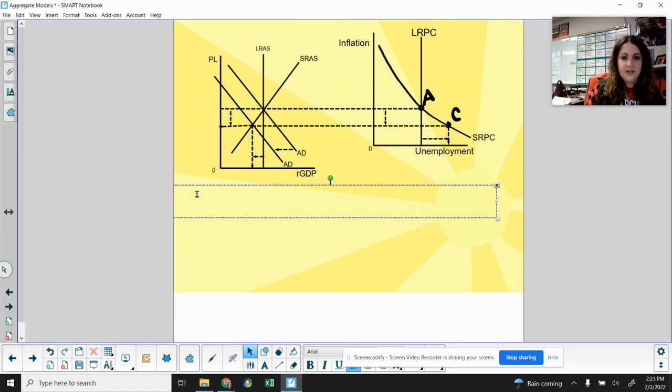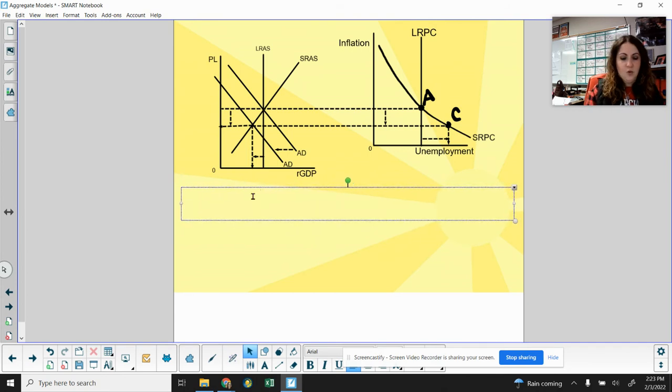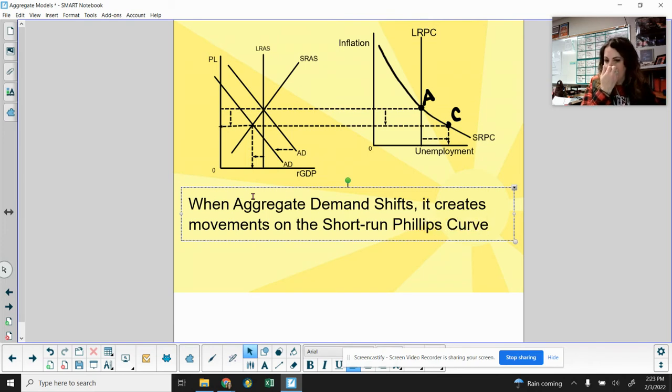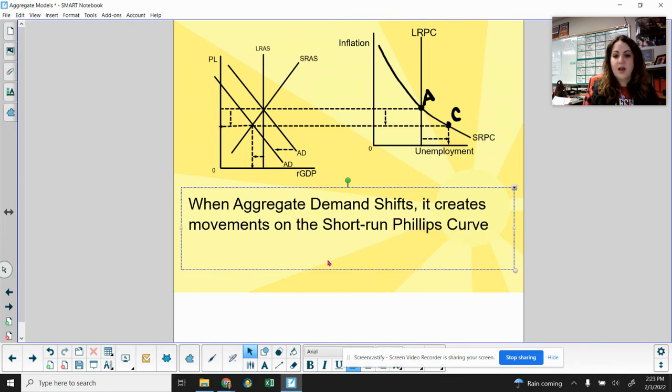So, in summary, when aggregate demand shifts, it creates a movement on the short run Phillips curve.